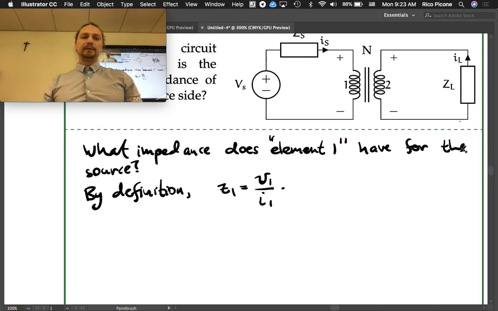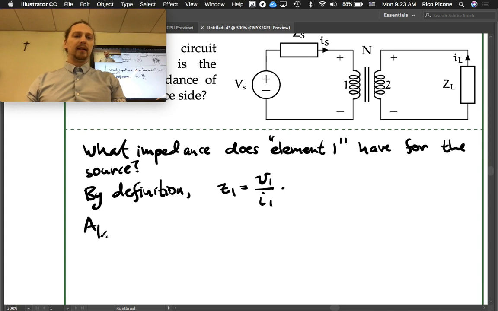So we could apply the transformer elemental equations.